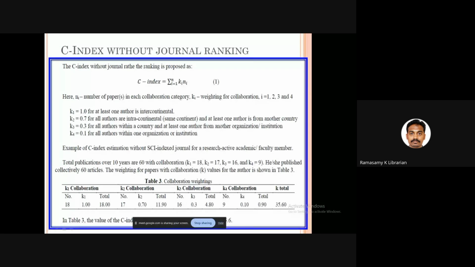If both the authors are from the same country, but from two different institutions, then you can give 0.3 weightage for every paper. If both the authors are from the same institution, you give only 0.1 weightage. So by allotting weightage like this, you can find out the C index of individuals. This is what Chattopadhyaya proposed a few years ago.